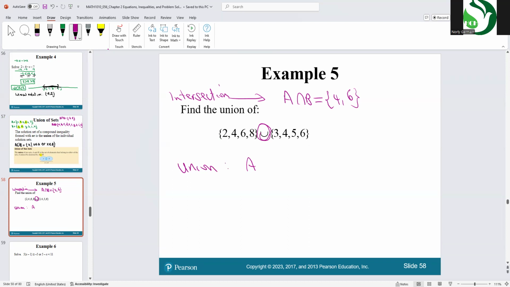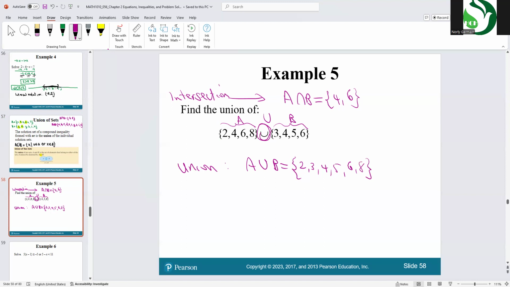If I call this one A and I call this one B, so I can say A union B is all the elements you see in A, 2, 3, 4, 5, 6, and 8. I don't repeat 4 twice. I don't repeat 6 twice.